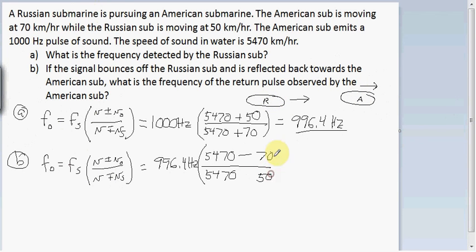It's moving at 50, and the Russian sub is moving towards the American sub, and so I take the bottom sign here in the denominator, and that's also going to be minus, and that leaves me with about 992.7 hertz. And so that is the final frequency detected by the American sub for the return pulse.